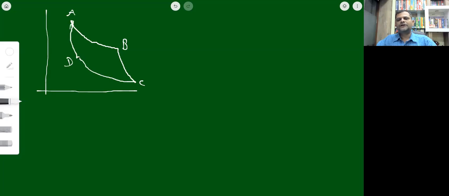तो देखो यहाँ पे इस पूरे ग्राफ को अगर केयरफुली अगर नोट करते हो ठीक से, तो पता चलता है कि देयर आर 2 compressions and there are 2 expansions also. So let us see, this curve is a isothermal curve.